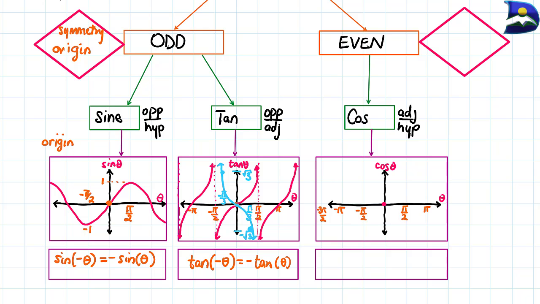From our 1 value, we go around to pi over 2, where the cos of the angle is equal to 0, then to pi, where cos of pi is equal to negative 1, and then back to 3 pi over 2, where cos of that gives you what?